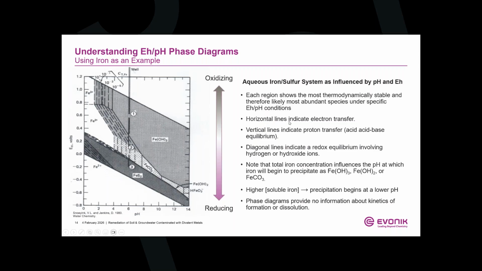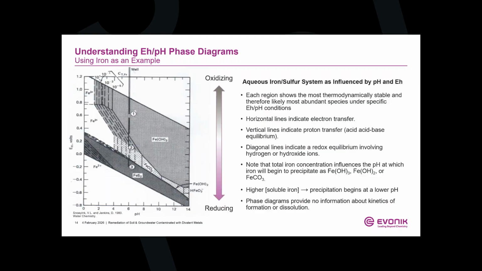The horizontal lines indicate electron transfer. That's pretty clear here. Ferric iron converted to ferrous iron. That's an electron transfer, a reduction. The vertical lines indicate a proton transfer. So when you move from, for instance, ferrous iron to iron oxyhydroxide, FeOH3 here, that's a proton transfer.